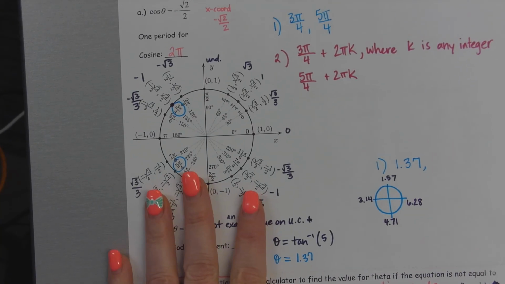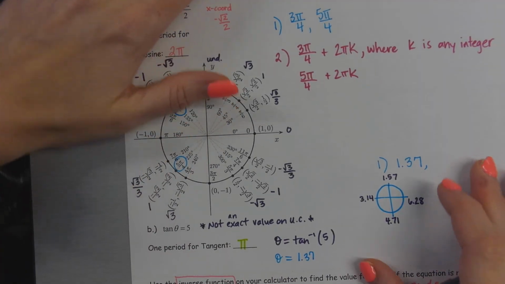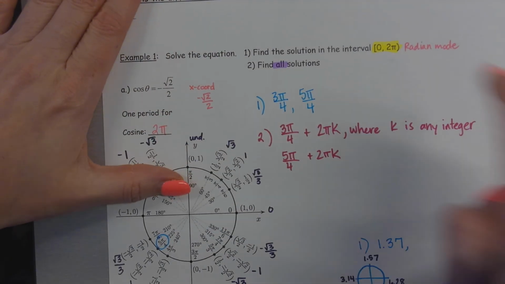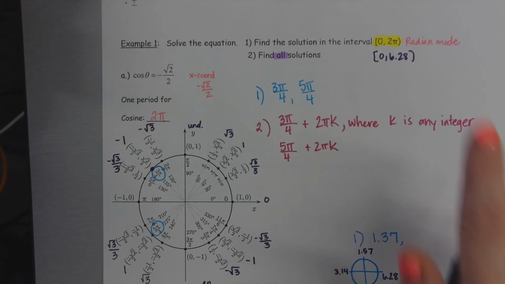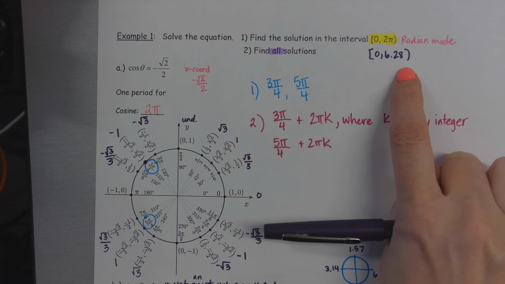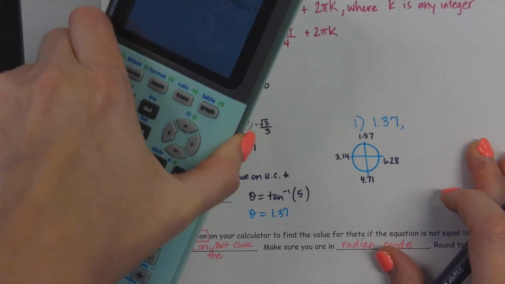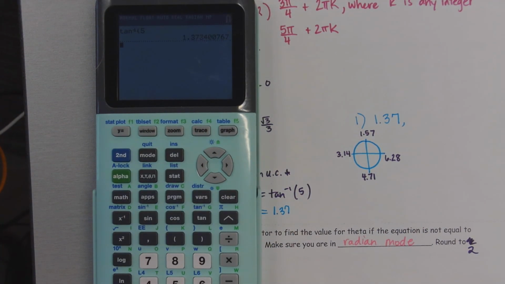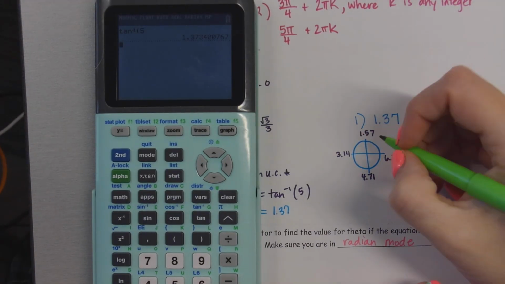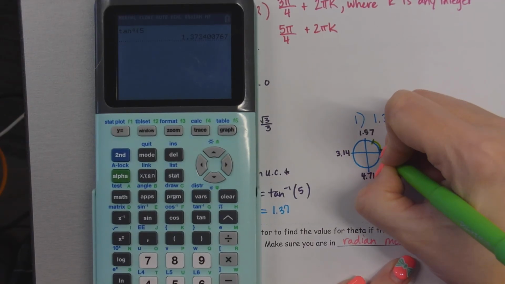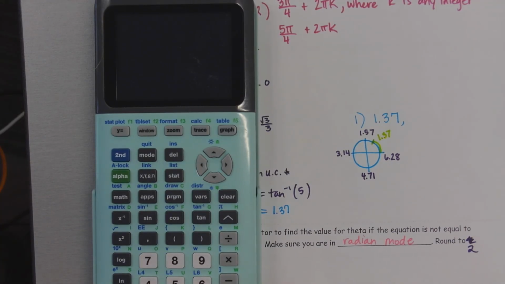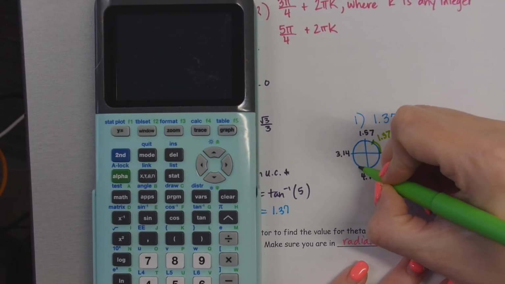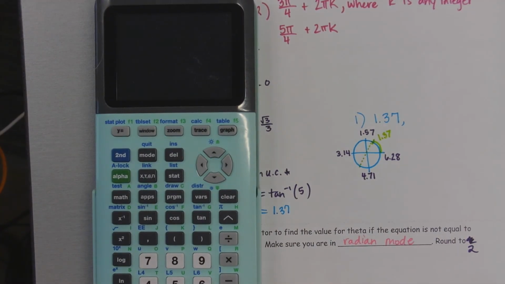And if you're thinking, what's my interval going to be? This would be 0 to 6.28. So you include the 0, you don't have to include the 2 pi or the 6.28. So you can estimate where 1.37 is. It is in quadrant 1. So if you estimate your 1.37, we know the corresponding place for the tangent is going to be across the unit circle.